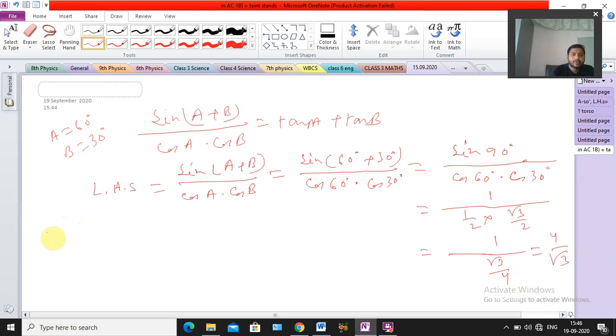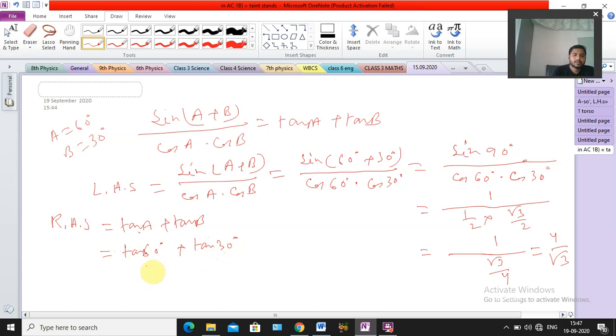Similarly, we have to find the value of RHS. RHS equal to tan A plus tan B. Just put the values of A and B: tan 60 degree plus tan 30 degree.